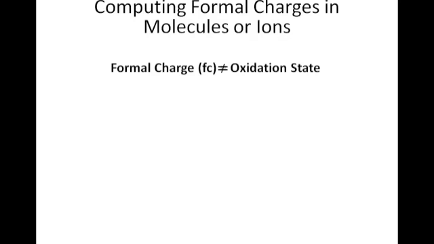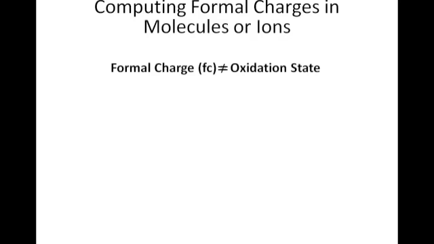Both of these are methods of accounting for electrons, or electron accounting. However, when you determine oxidation state, you may remember that if you had a bond between two atoms, the pair of electrons that made up that bond were assigned to the more electronegative atom.